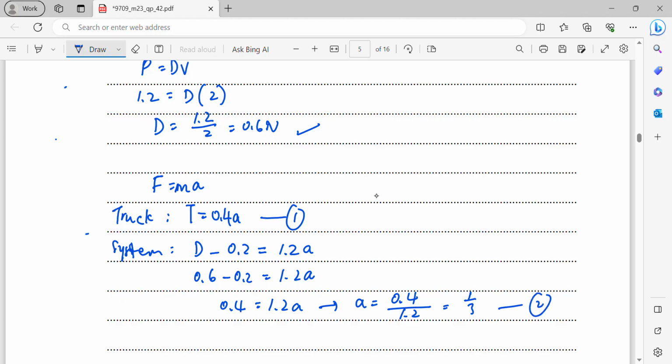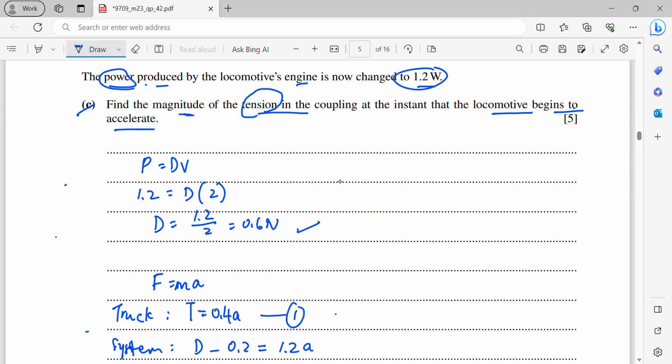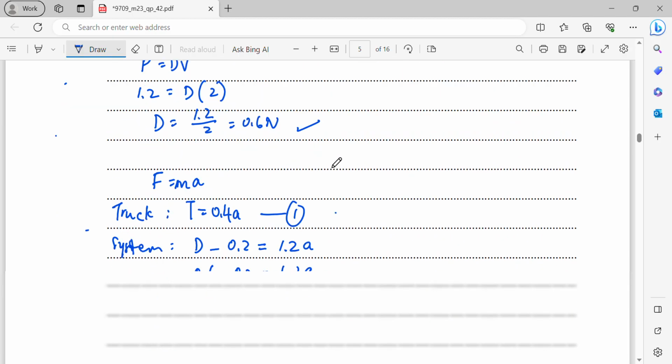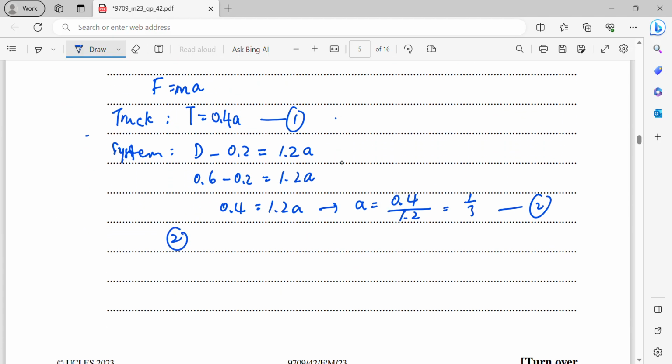Let's say this is the second equation. I will substitute back into the first equation because now you need to get the tension. So the tension is going to be 0.4 times A, means times 1 over 3. At last, you will be getting 2 over 15 Newton. So that is the tension.